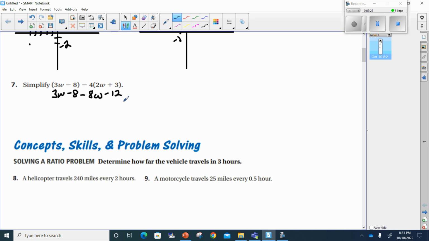Now I can combine like terms. When I combine my like terms, I'm going to take the common terms, which is -8w, put it over here. And my -12 and put it down here with my -8. Okay, now this is all gone. Do not think about reusing this.